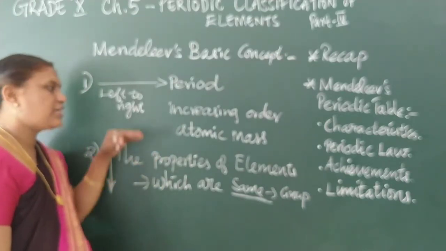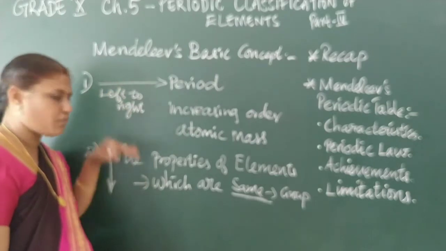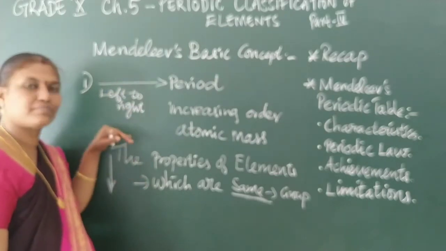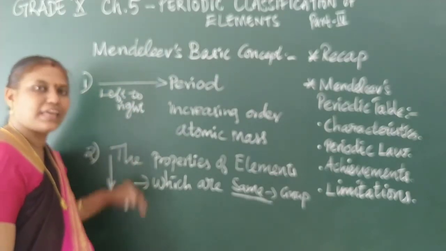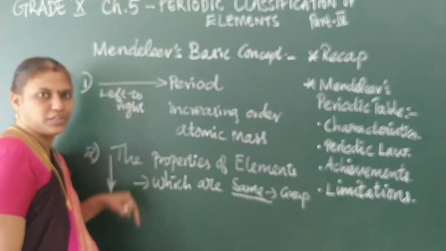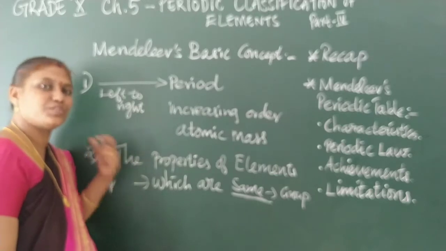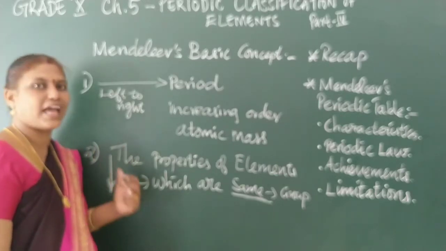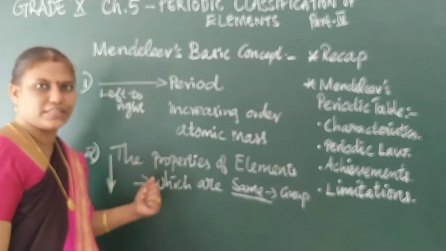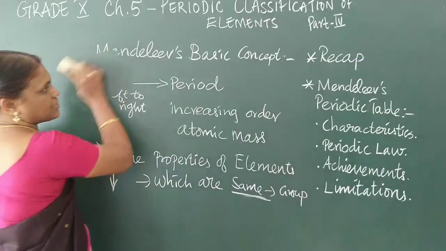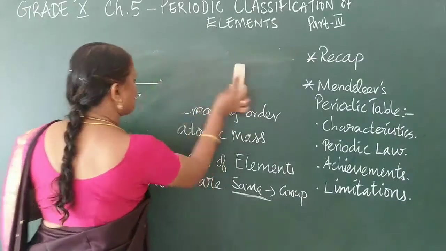And the next one is he has arranged the elements from top to bottom in the same character, grouped together with similar properties. This is the basic concept that we have seen.